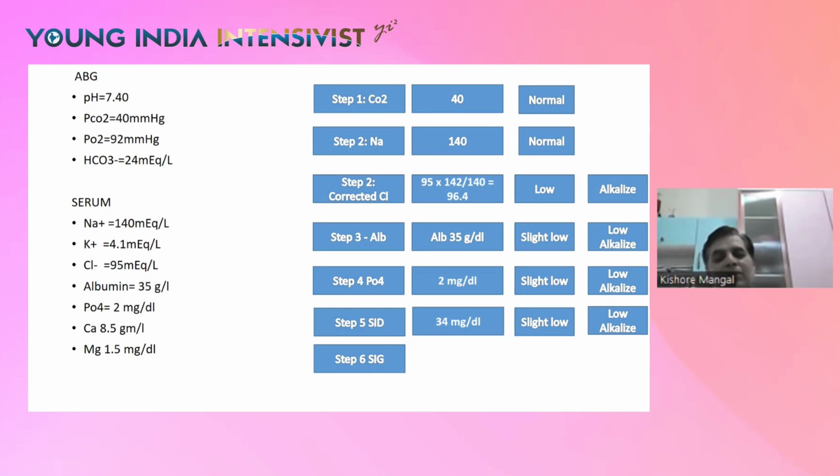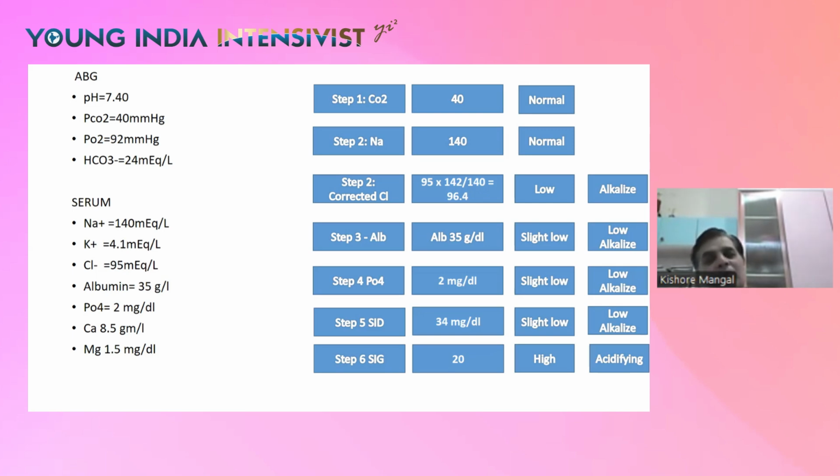Strong ion gap is equal to sodium, potassium, calcium, magnesium minus chloride and the SID. It comes out to be 20, and the normal value is around 8, so here it is very, very increased. Okay, so this is very high, and that means there is an anion gap which is acidifying the whole situation.